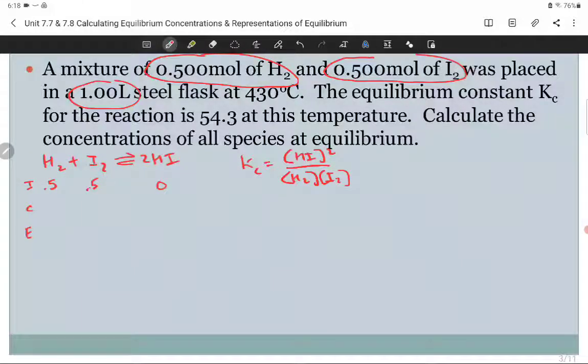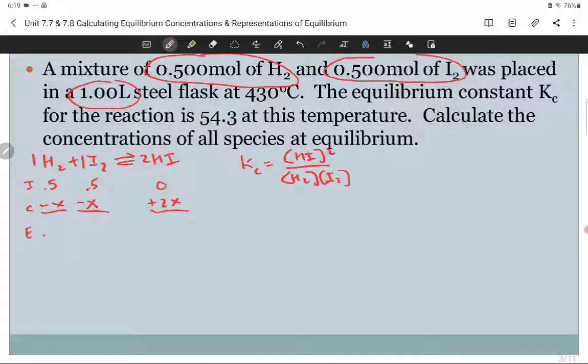But what we do know is that the ratio between the items has to go with the coefficients, the 1 to 1 to 2 ratio. So we're going to lose some H2. How much? X. We're going to lose some I2. How much? X. And we're going to gain some HI. How much? 2x, twice as much.